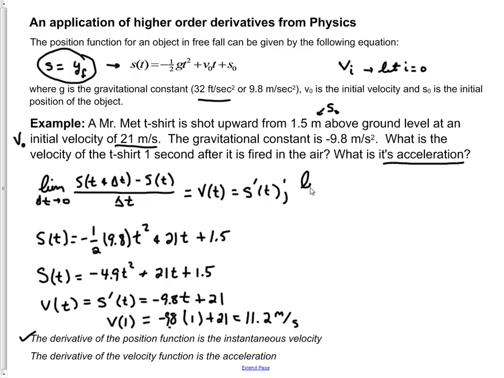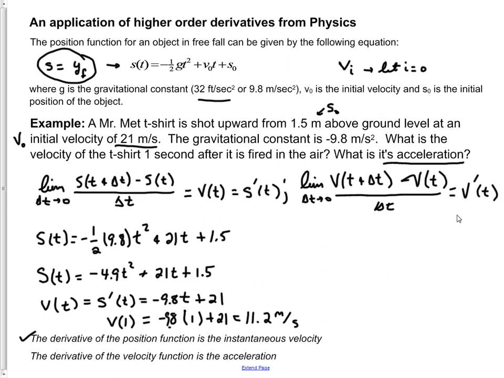So we could say, if we took the limit as delta t approached 0 of the velocity at t plus delta t, minus the velocity at time t, divided by delta t, and then we simplify that expression, we should find our derivative. V prime of t is equal to the acceleration at time t.